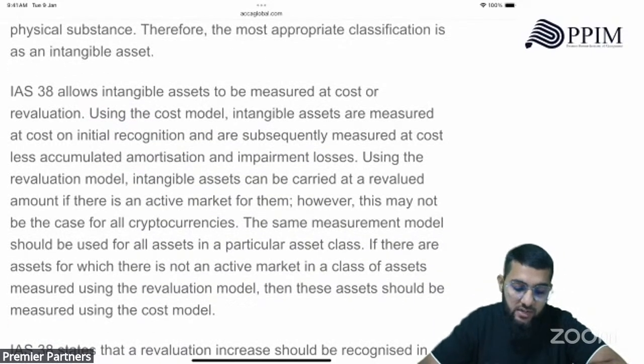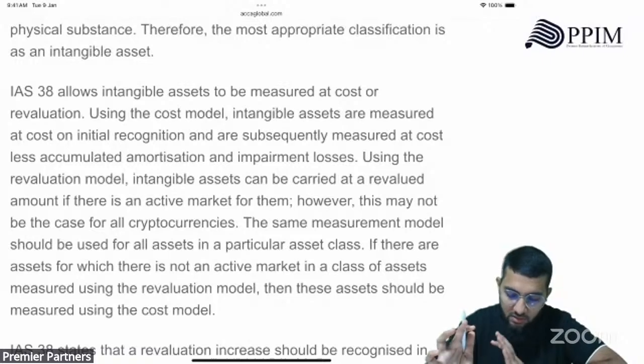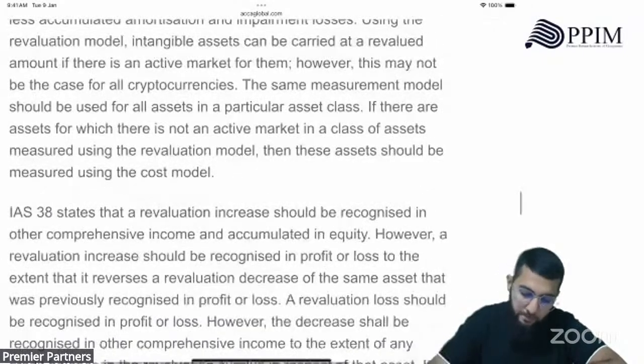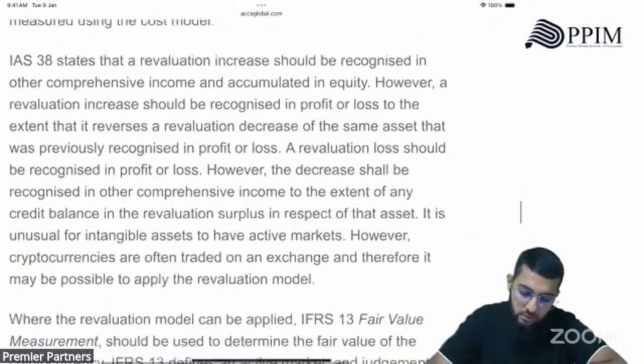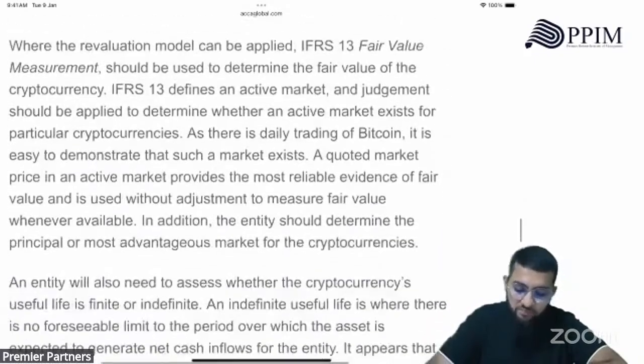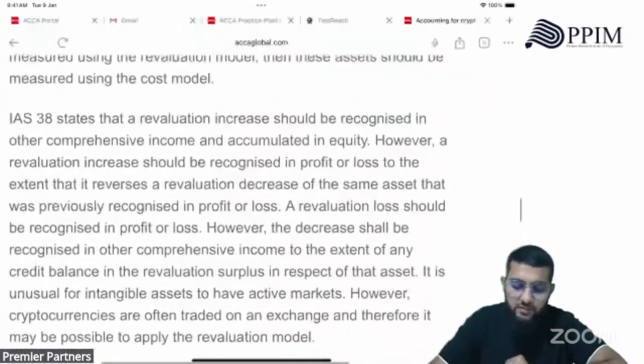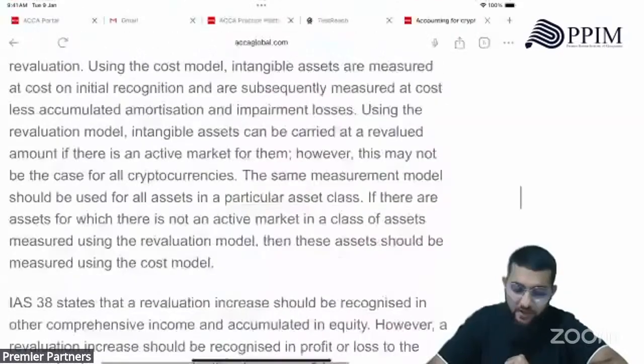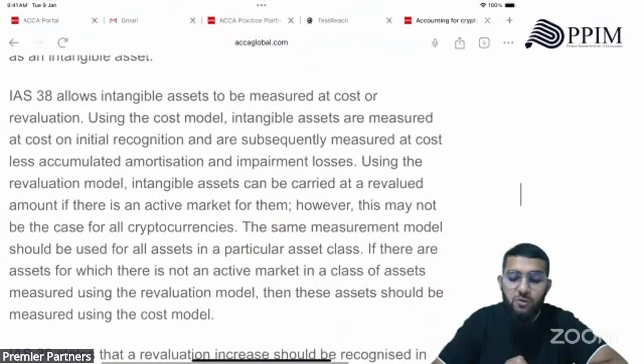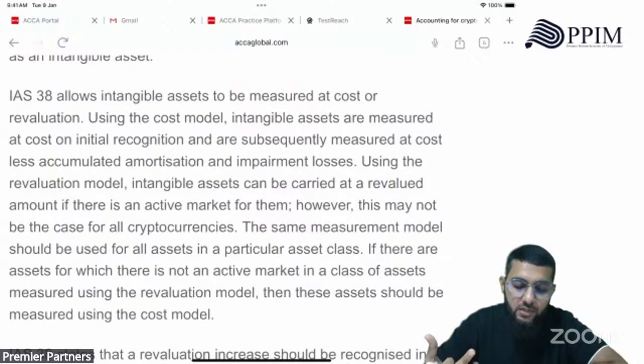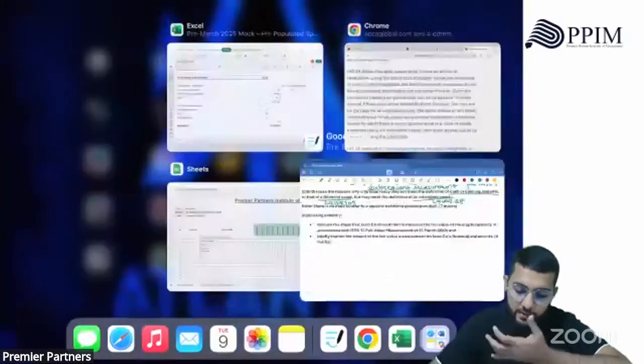Intangible assets are measured at cost on initial recognition. So it's all theory, right? So a summary of this technical article should be your answer there. And when you're saying it's IAS 38, you need to explain how you will account for it using IAS 38.